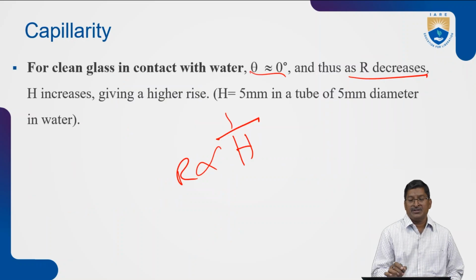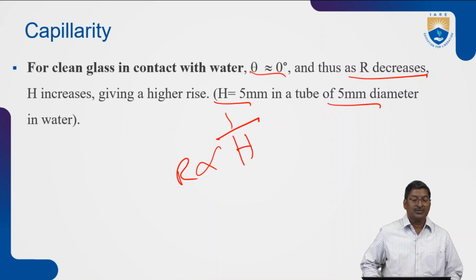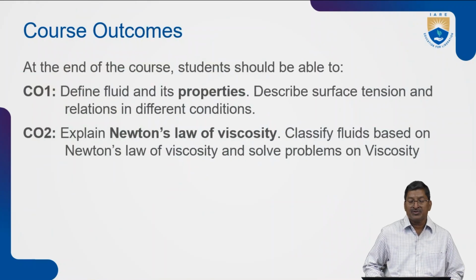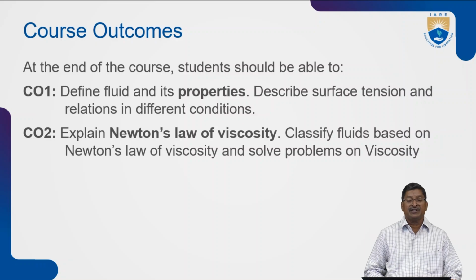So here H is equal to 5 mm in a tube of 5 mm diameter. To summarize, we have discussed the fluid mechanics course. The topic is boiling point and capillarity. Here the outcomes are properties and definitions of fluids and surface tension, and Newton's law of viscosity.